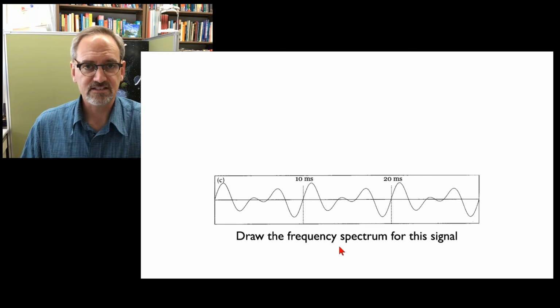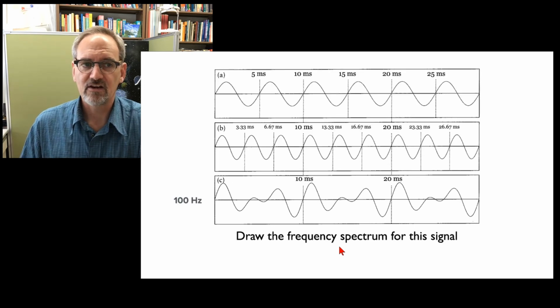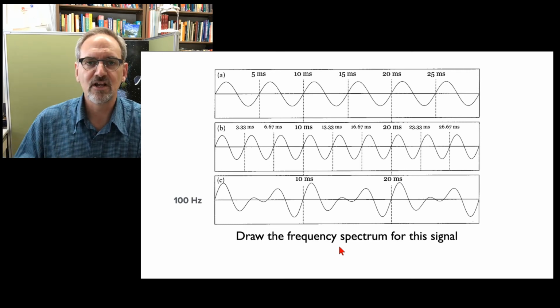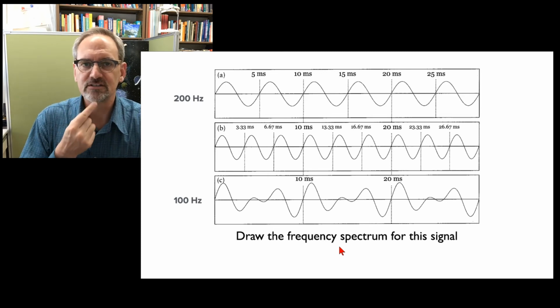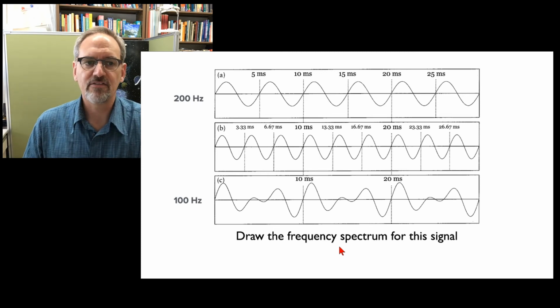Well, to create this complex vibration, it's a combination of a 200 hertz vibration at the top. We've seen a 5 millisecond vibration repeats itself 200 times every second. So that's 200 hertz. And then the B example, we haven't seen this one before, have we?